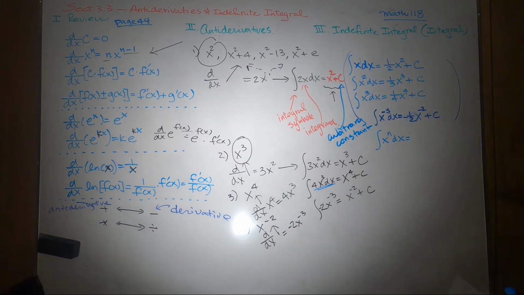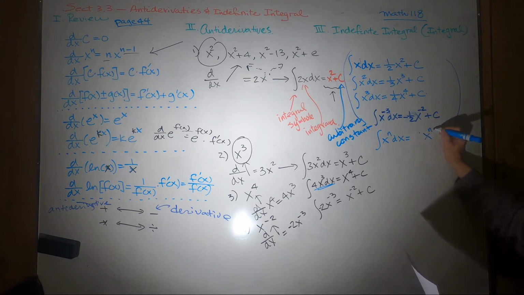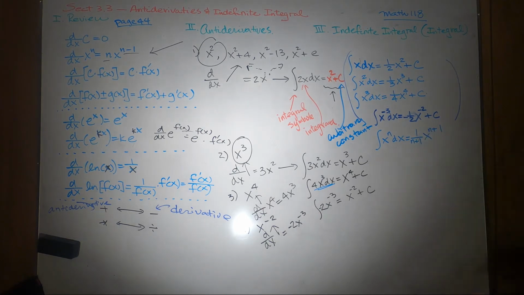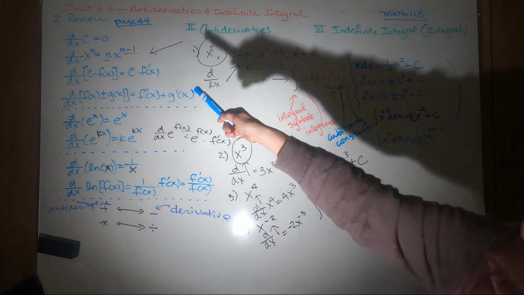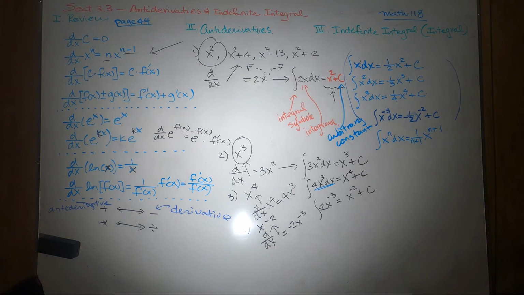Then we ask, what will happen if I do the integral of x to the n power? I should go a level higher, but I have to divide by its power. When we take a derivative, we multiply by its power and then drop one level lower.